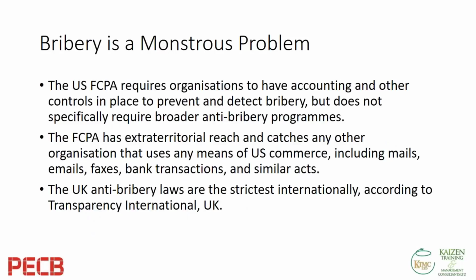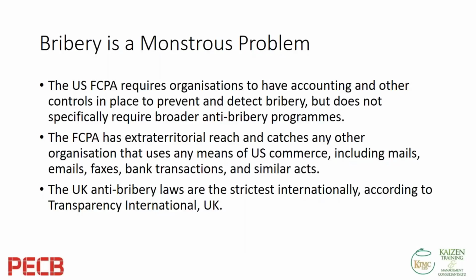The U.S. Foreign Corrupt Practices Act requires organizations to have accounting and other controls in place to prevent and detect bribery, but does not specifically require broader anti-bribery programs. So legislation can go so far and no more. In fact, the law sets the floor.